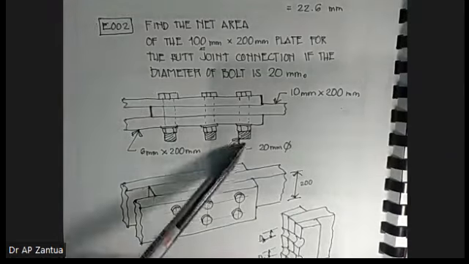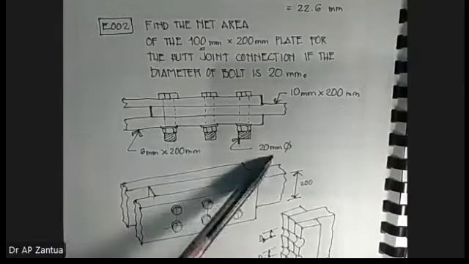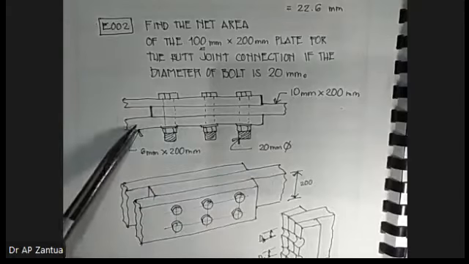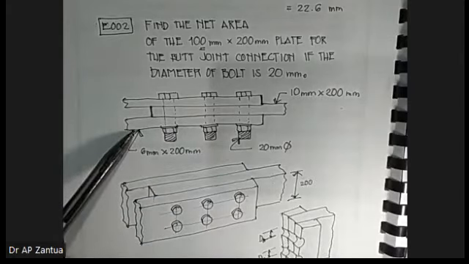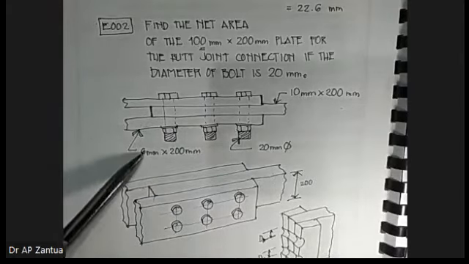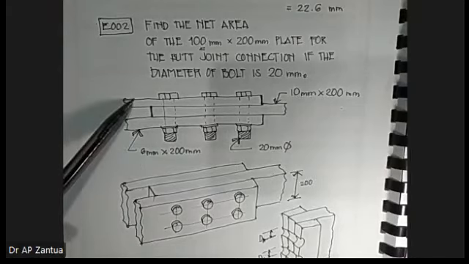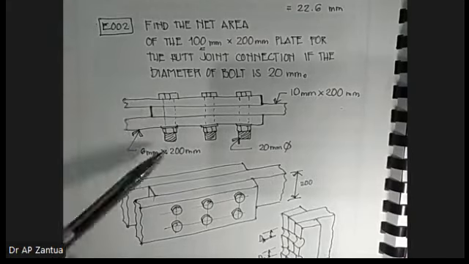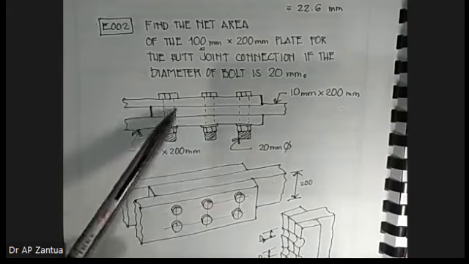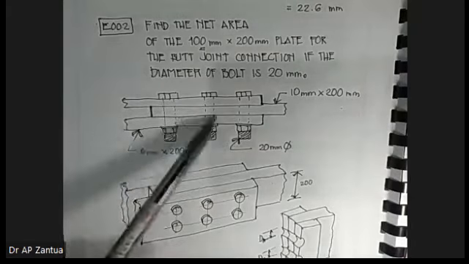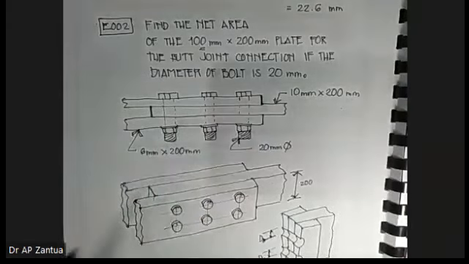So there are 3 rows of 20 mm bolt. This is the butt connection wherein this 6 mm thick, another 6 mm thick on both sides is connected to the 10 mm by 200 mm plate.